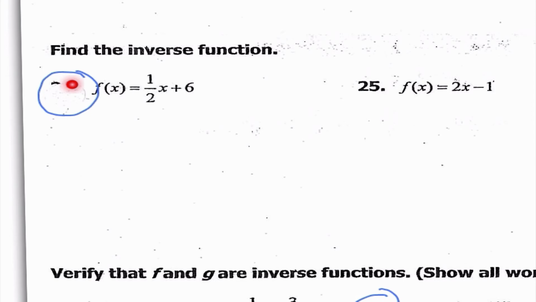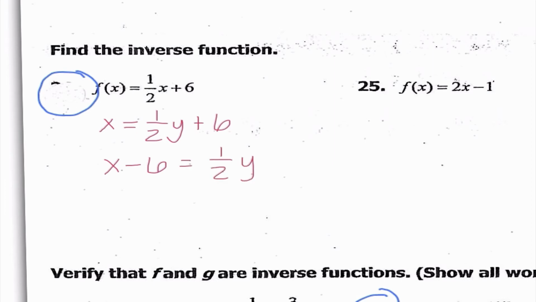Anyways, the whole point is it's telling me to find the inverse function. So we remember with an inverse function, we switch and then we solve. So I'm going to switch x and y. And I know f of x represents y, so I'm going to write x equals 1/2 y plus 6. Now I need to isolate y, so I'm going to subtract 6 from both sides.